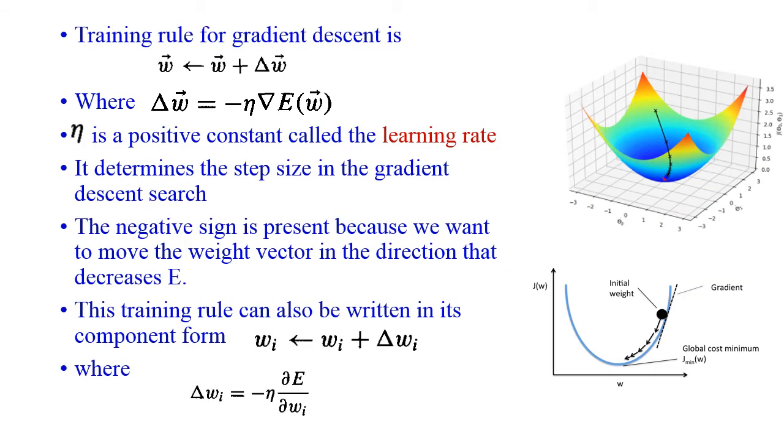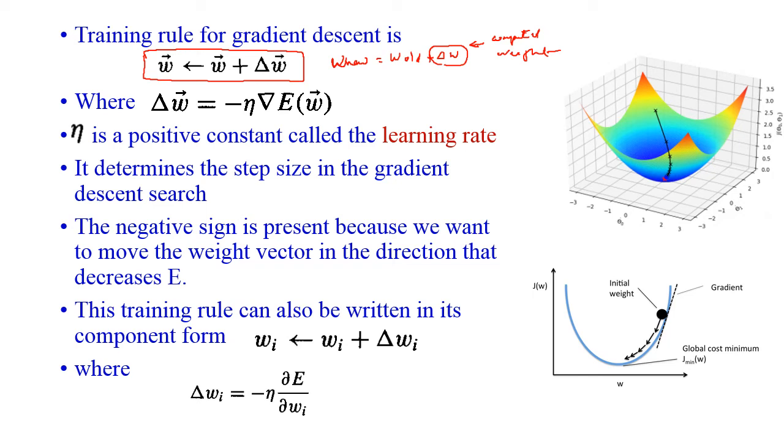The training rule of gradient descent is W vector equals W vector plus delta W vector. Here we need to update the weight: W new equals W old plus delta W. Delta W is the newly computed weight change.